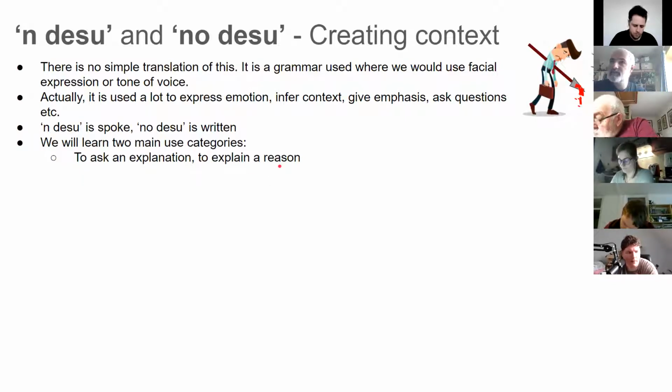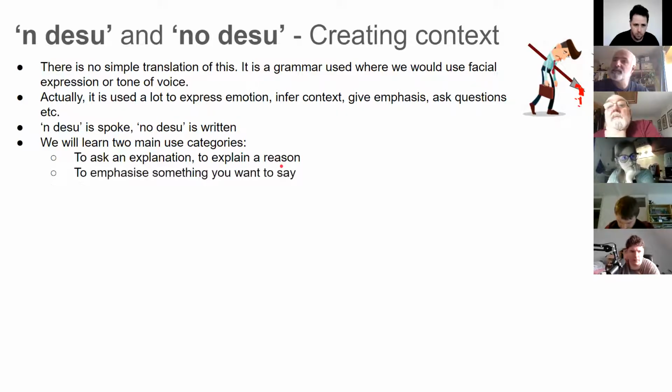These are basically the same category. And to emphasize something you want to say, to give your statement some kind of emphasis. This will become slightly clearer as we do some examples.